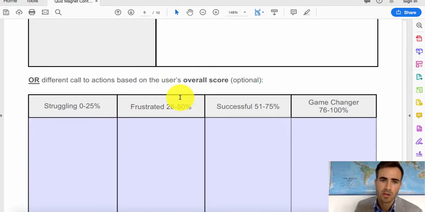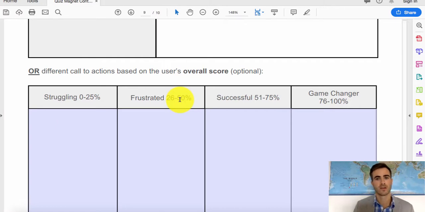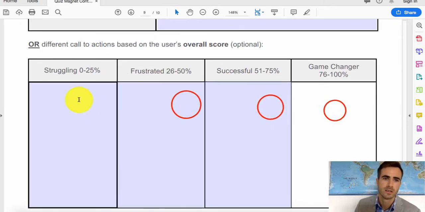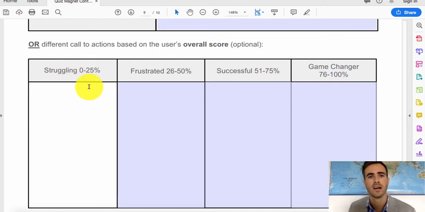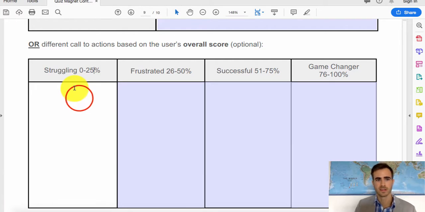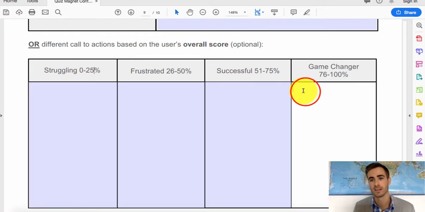Or if you want to do it based on their overall score, you'd put it into these boxes here. So again, if they're struggling and they've ended up overall 0 to 25%, then you can talk about a particular call to action for them. Or if they're doing really well, it could be a particular other type of call to action.